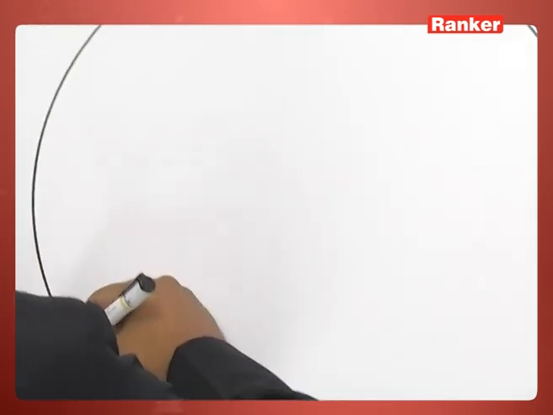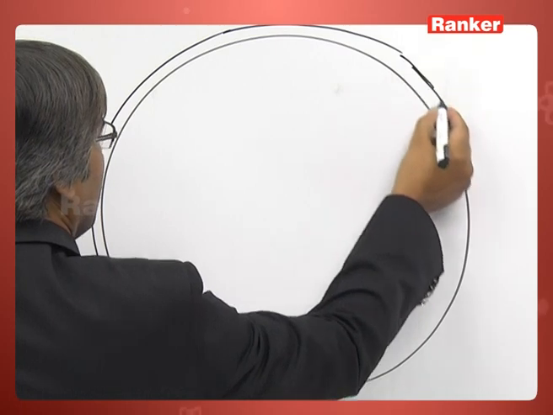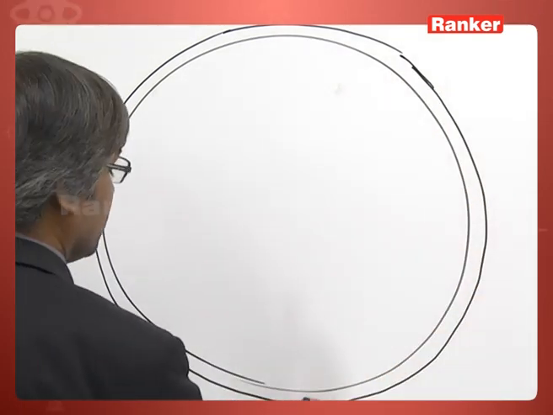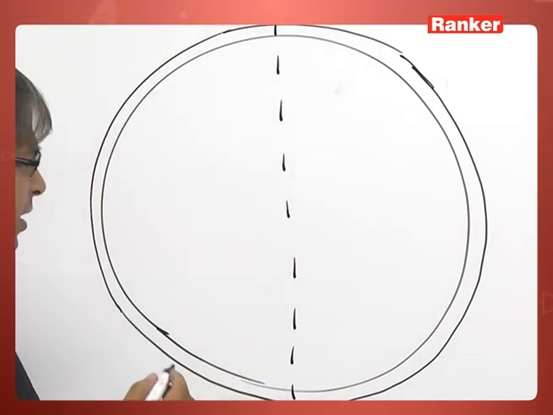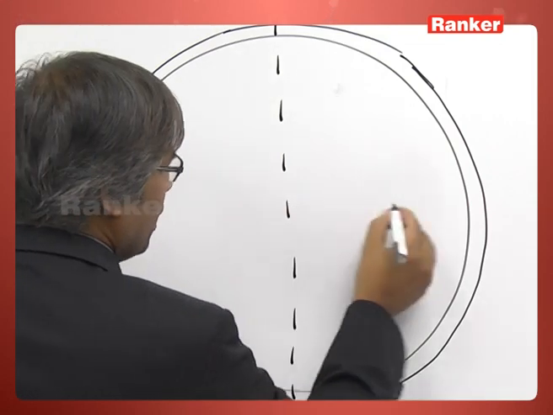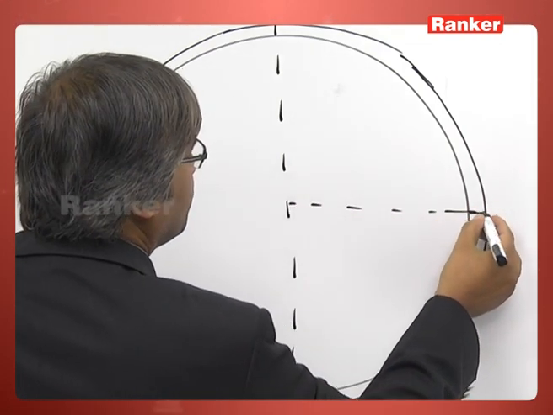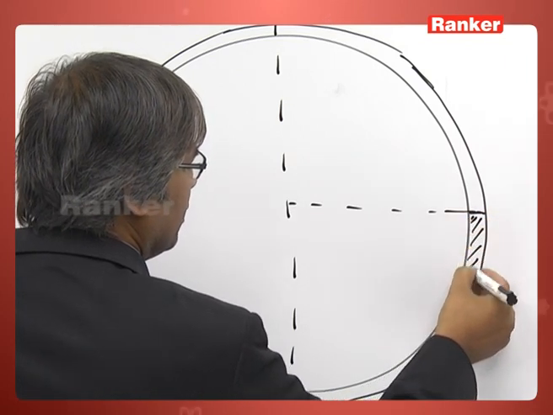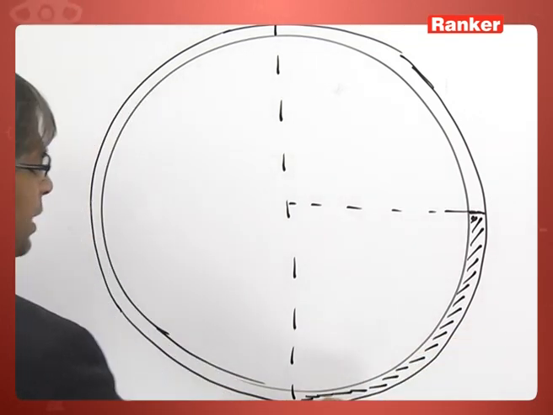This circular tube contains a liquid, and this tube is going to be rotated about its diameter. This is the diameter, and initially the liquid occupies this portion only, which is a quadrant of liquid.